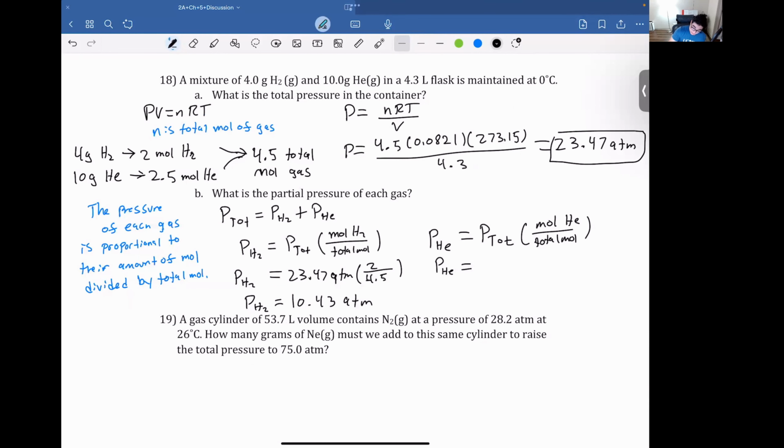Pressure of helium is equal to 23.47 times 2.5 over 4.5. And then we're going to get 13.04 atm.